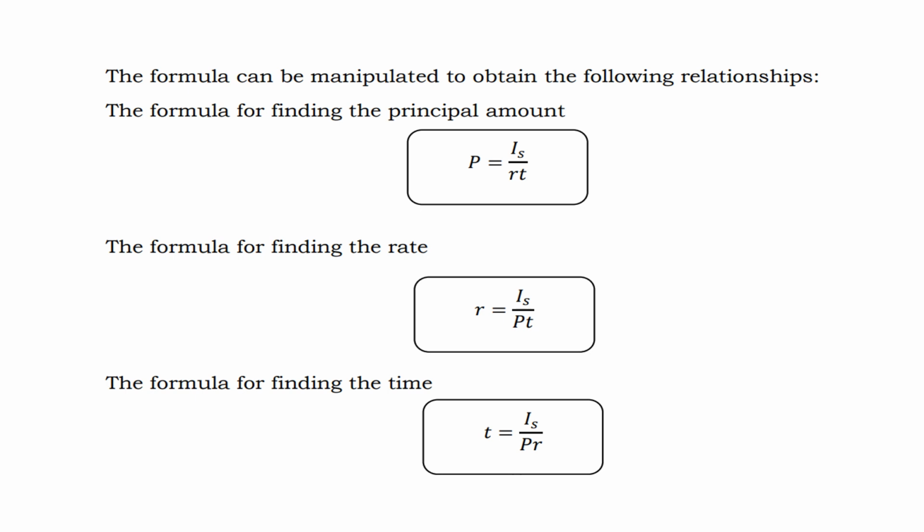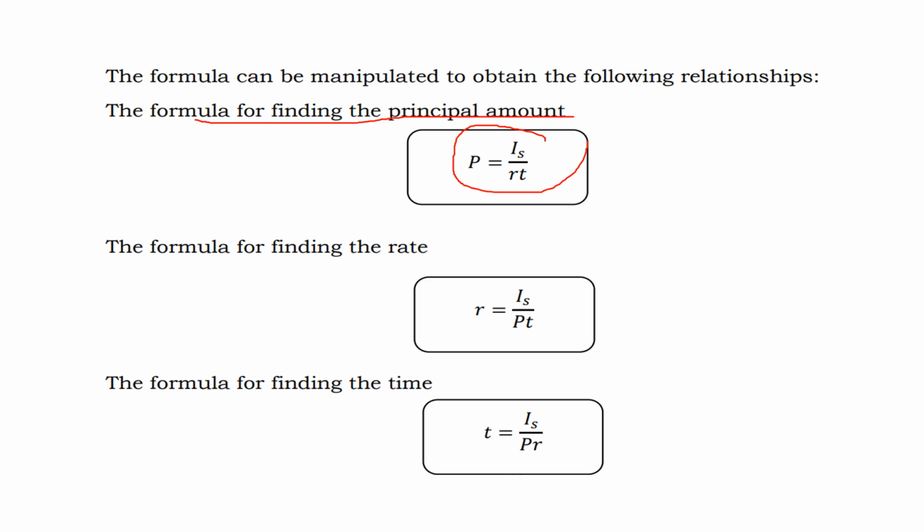So the formula for finding the principal amount, since your I sub S here is equal to PRT, we just simply divide both sides of the equation by RT, so that we cancel your RT here that is multiplied to your P. In this case, if you're asked for the value of your principal, you just simply divide your simple interest by your R, or your rate of interest, multiplied by the time or term, which is your T.